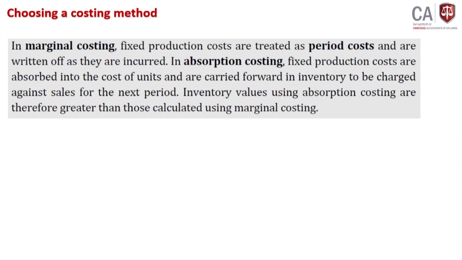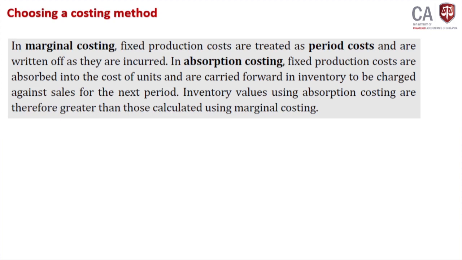In marginal costing, fixed production costs are treated as period cost and are written off as they are incurred. When you incur fixed production cost in a particular period, let us say 1 million fixed production cost for the year ended 31st March 2020, then you charge that 1 million to that period, instead of absorbing it to the unit of output.